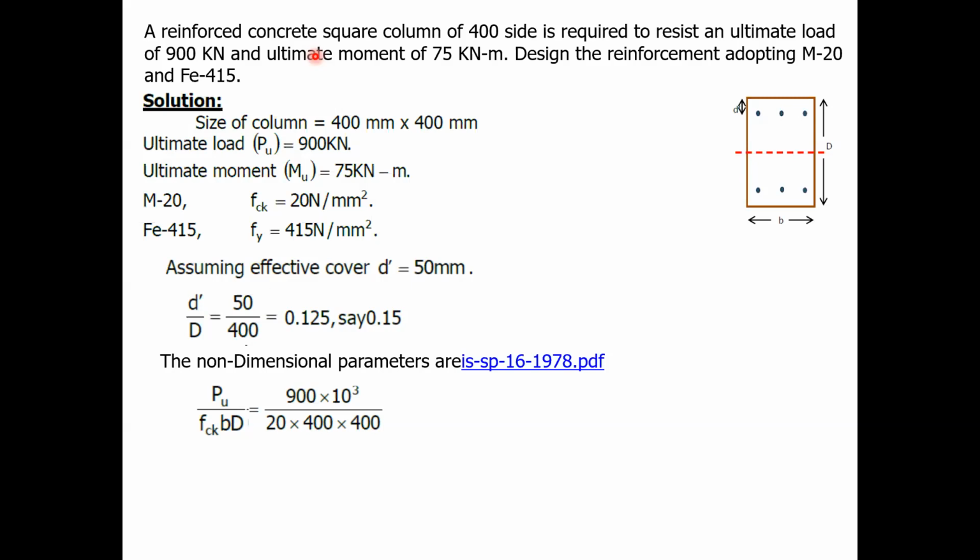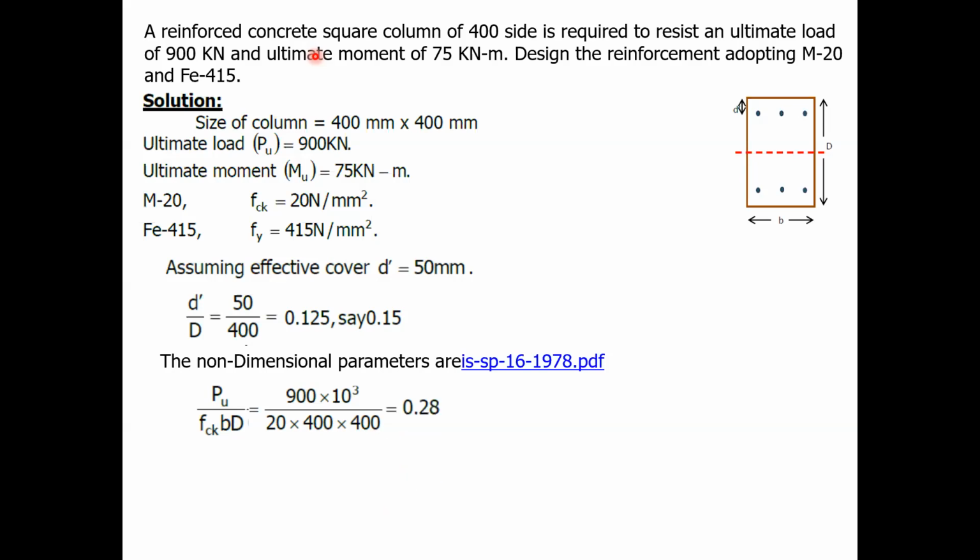So how much are you getting for Pu by fck b d? 0.281.